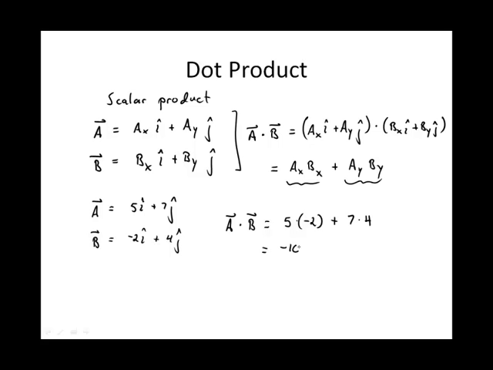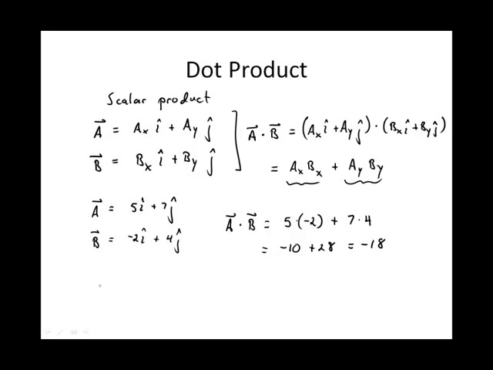So this is negative 10 plus 28, and this would be 18. So A dot B is 18. Not i, not j. There's no direction there. It's just a magnitude, just a scalar quantity.